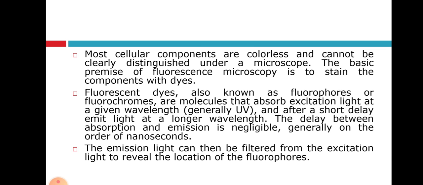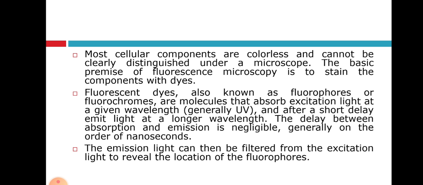In continuation of the principle of fluorescence microscopy, most cellular components are colorless and cannot be clearly distinguished under a microscope. The basic premise of fluorescence microscopy is to stain the component with dyes. Fluorescence dyes are known as fluorophores or fluorochromes.